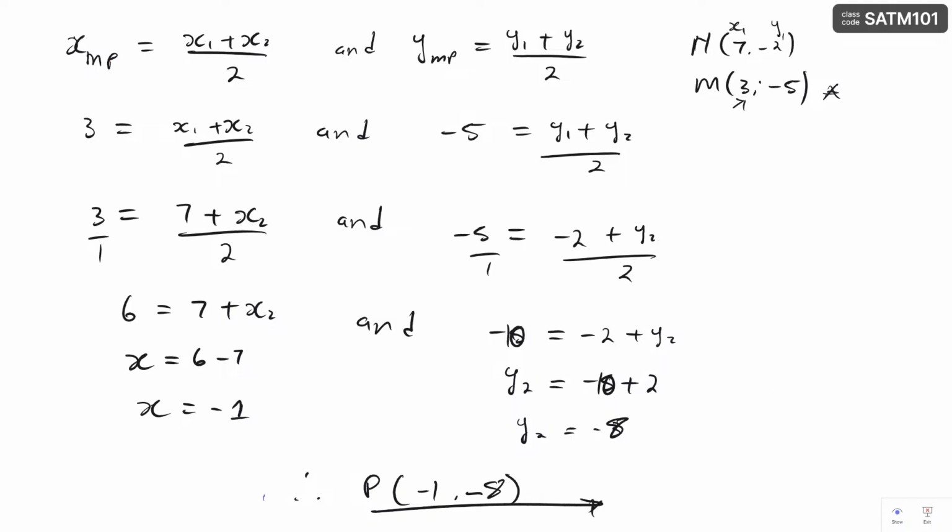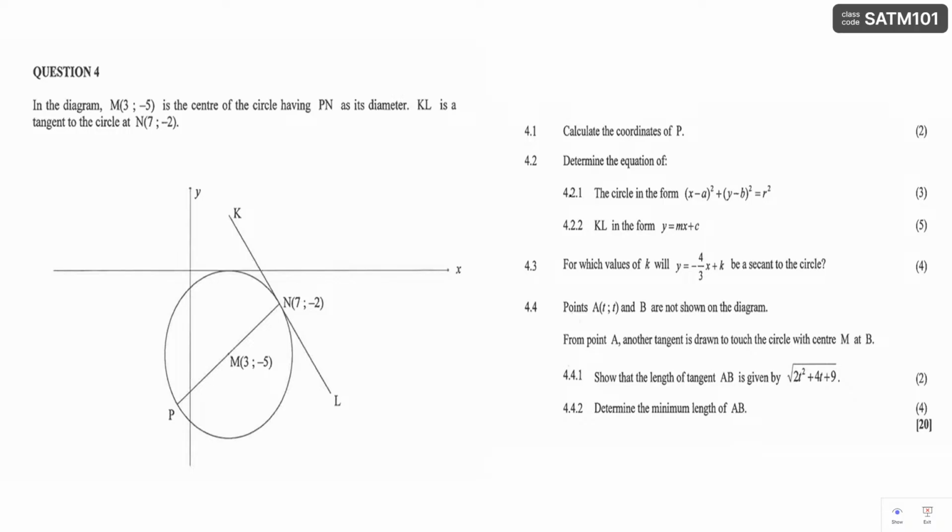Okay, let's go to the second question. They said, determine the equation of the circle in this form. To determine the equation of a circle, the first thing that we need to do is to calculate our radius squared. We can use 2 points that we know.